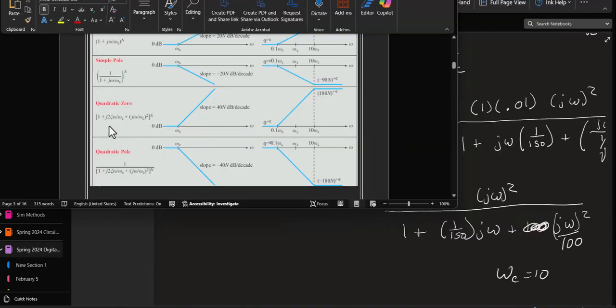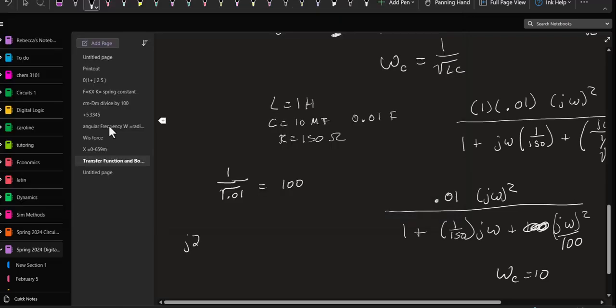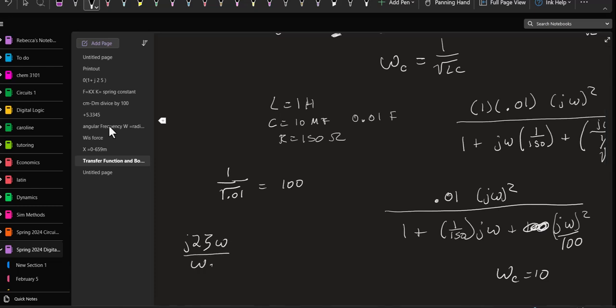But the other thing that we might need is zeta, in case we were asked for zeta. So how do you find zeta? This was a question I was asked a lot before. We know that this middle term right here, 1 over 150 j omega, has to equal j2 zeta omega over omega c.